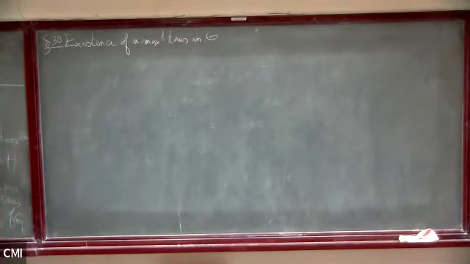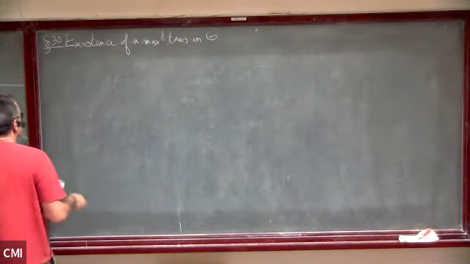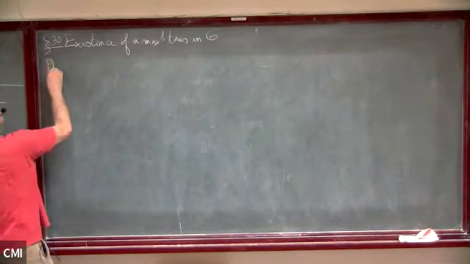Okay, so from now on, the standing assumption is that G is connected smooth over K. So let's start with a proposition.